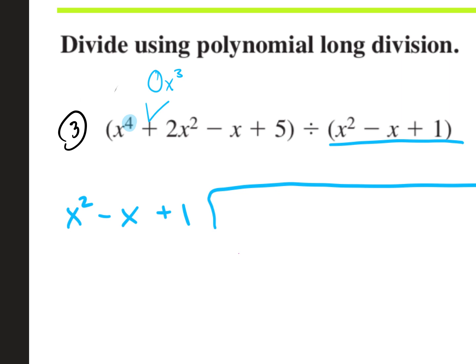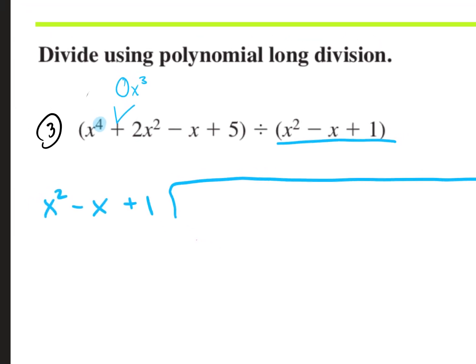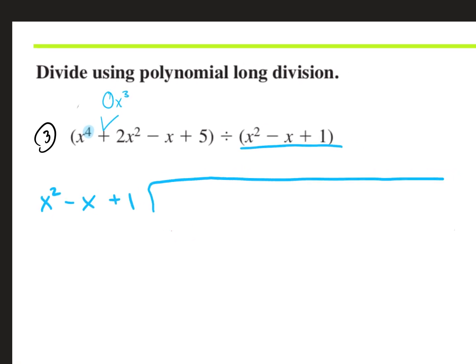So notice how the last one we started with 3. So I had 3, 2, 1, 0. So in that spot, I'm going to put that 0 x to the 3rd power just as a placeholder.